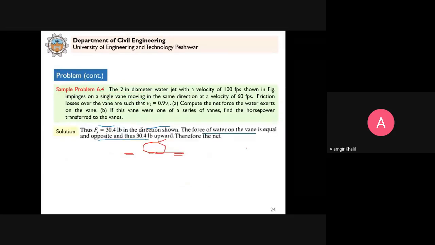So you can see here, this is the force of water on the blade and it is making this angle. So we have this force, and if this is alpha, you can see that this is also alpha. Clear? This is the resultant force of water on the blade or vane.